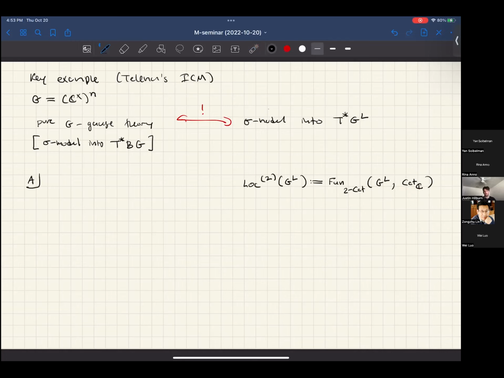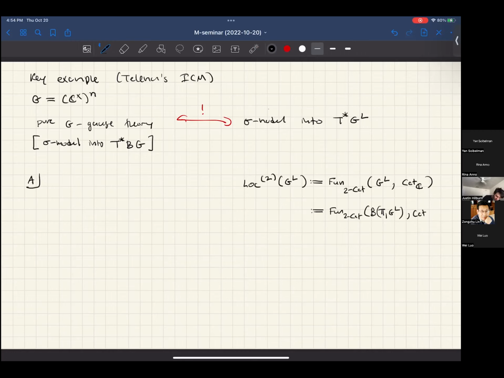And then one can try to think about what on earth this thing could be. Unfortunately, the torus as a topological space is exceptionally simple. We know that it's the classifying space of its fundamental group. So you can think of this thing as just B of pi 1 of our torus, which is actually just some lattice.